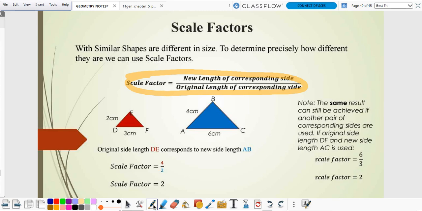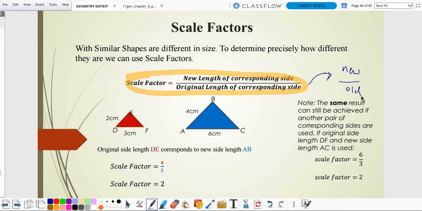To calculate the scale factor, a good thing you brought that up, it is the new length of the corresponding side divided by the original. I like to minimize it as new divided by old.